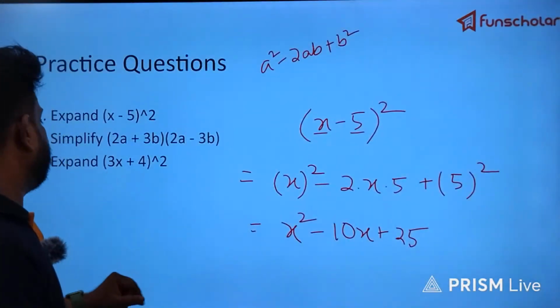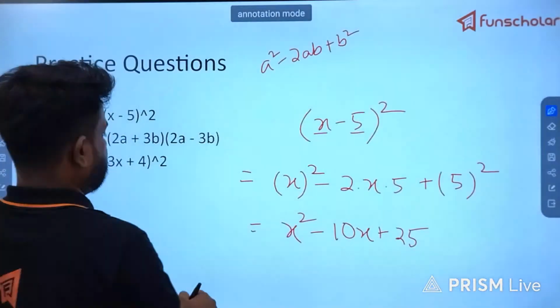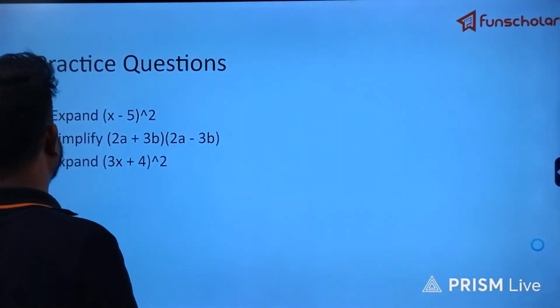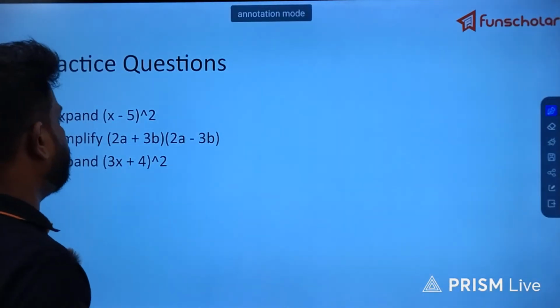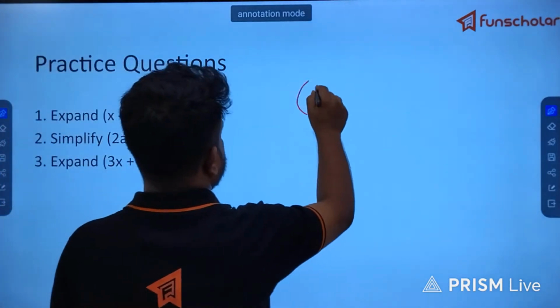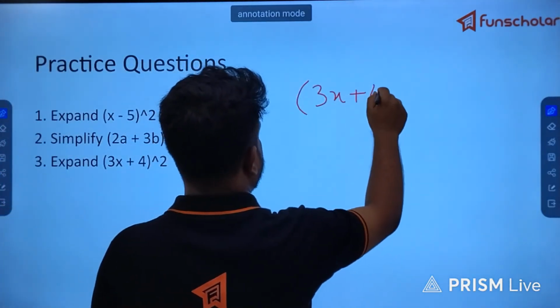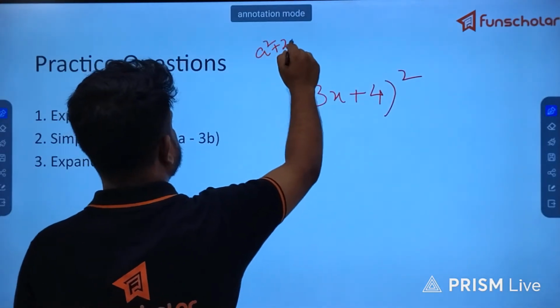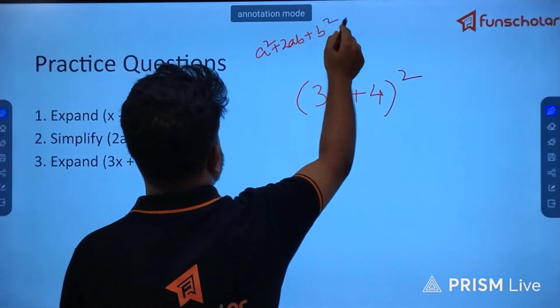Let's do the third one, and it will be expand 3x plus 4 square. So 3x plus 4 and its square. The formula is a square plus 2ab plus b square.